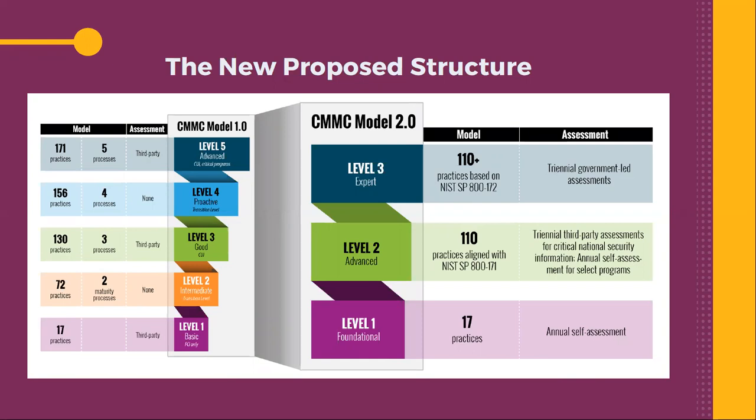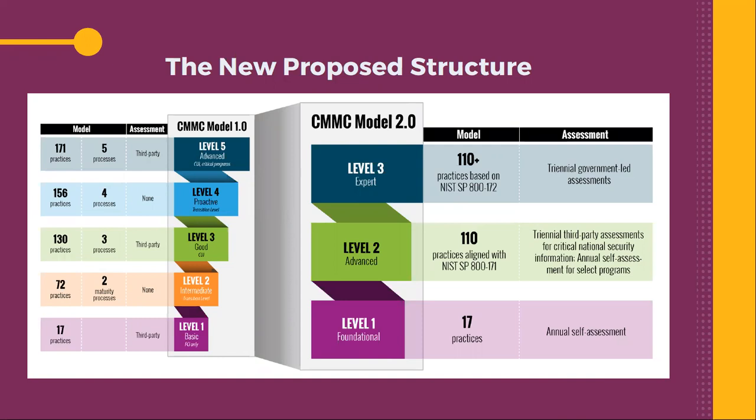At level 2, this is now those of you who will be managing what's deemed as CUI or data. For those of you who are doing that, you will need to be assessed at level 2. That does follow the NIST 800-171 guidelines. And again, depending on how critical that data is deemed, you'll either need to go through a C3PAO assessment or accreditation process, or you'll have to go through an annual self-assessment for select programs.